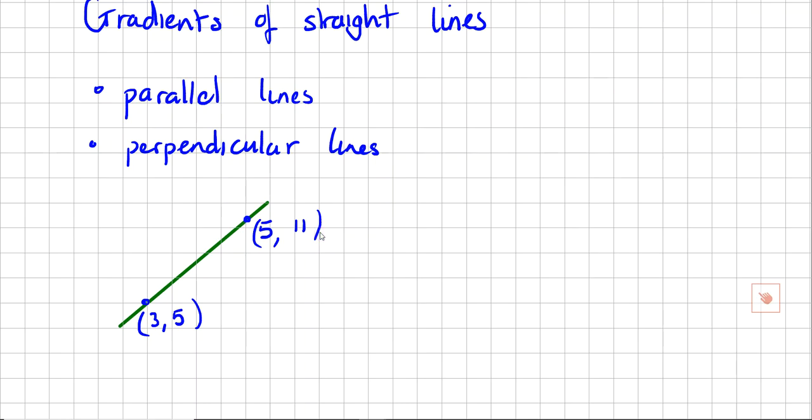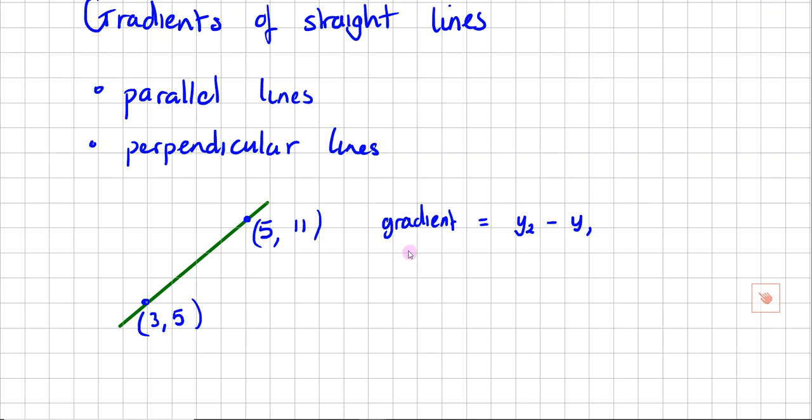Okay. What do you know how to do at the moment? If I asked you to find the gradient, how would you go about doing it? Yeah, Michael? Yeah, so I would do y2 minus y1.